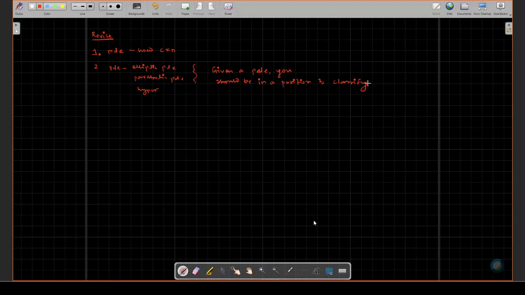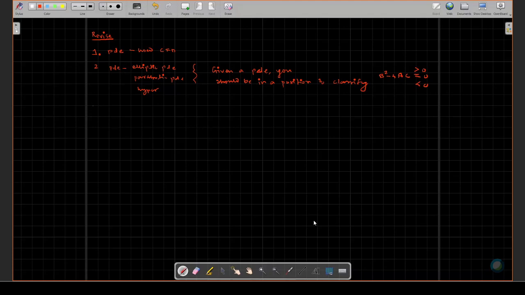And that classification is based on the B square minus 4AC criteria that we have already seen. What are these B, A, C that have to be identified? Based on whether this equals 0, is greater than 0, or is less than 0, you will classify any PDE into one of these.